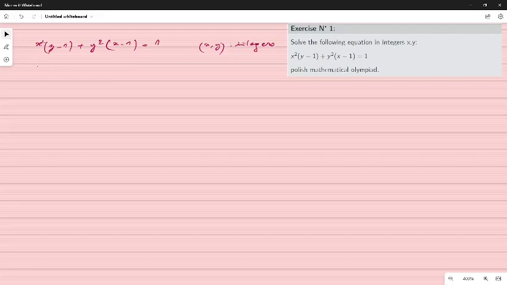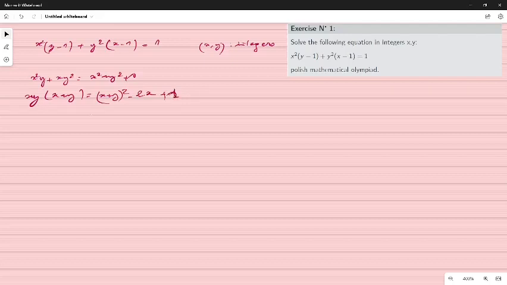This equation can be transformed like this, and like this, xy minus 2x plus 1.